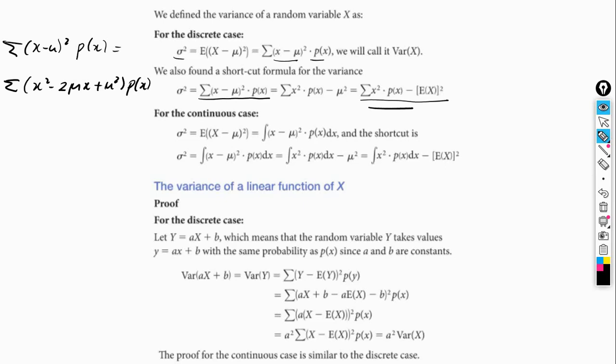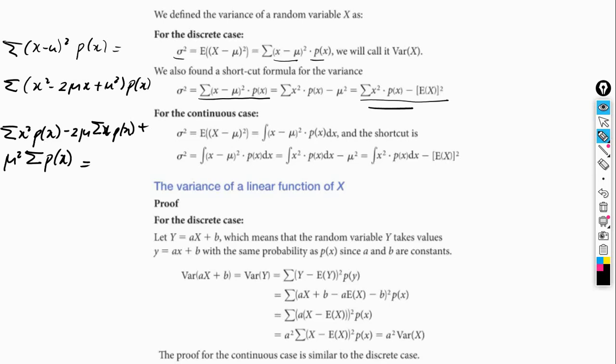So notice that we can rewrite this as the sum of x squared times p of x, and we can write this as minus 2 mu times the sum of x times the probabilities, plus mu squared times the sum of p of x. But let's notice two things here.